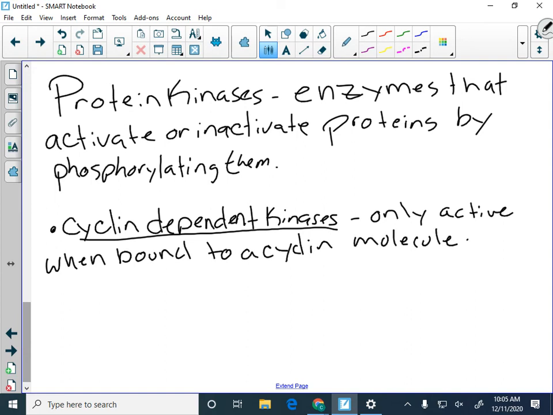Because they have an active and inactive form, these cyclin-dependent kinases, or CDKs, are always present in the cell.